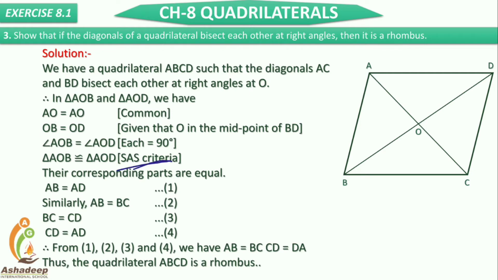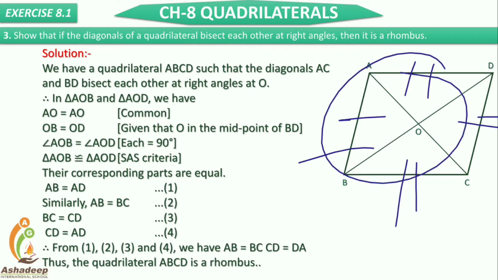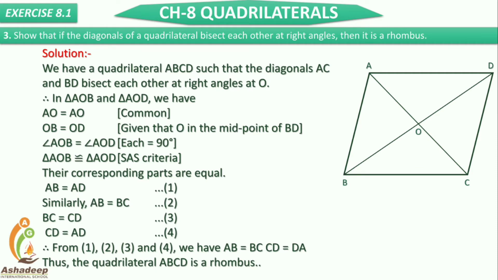So by the SAS criterion we can say that the corresponding parts are equal, and similarly, if this is equal, this is also equal, and this is also equal. We don't need to prove this each and every time. If you prove this once, it is true for all the others also. So you just need to prove this once, and the other triangles you will take similarly.